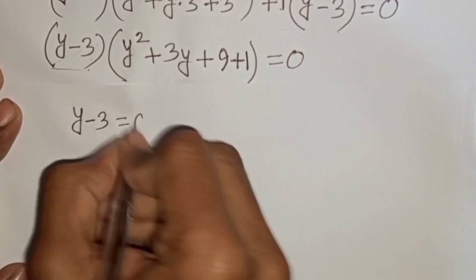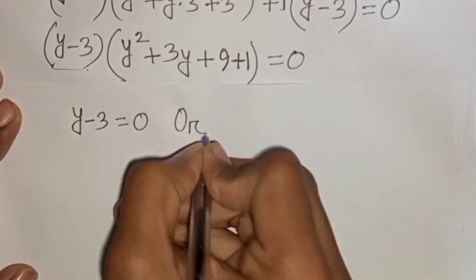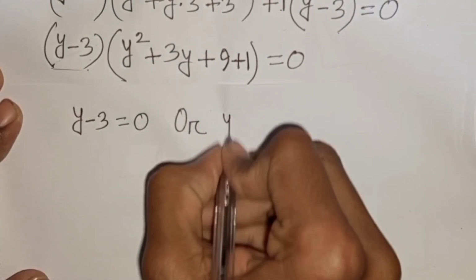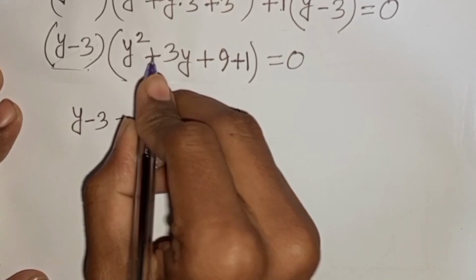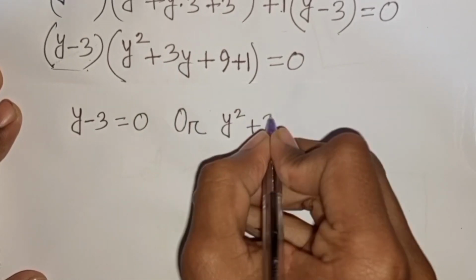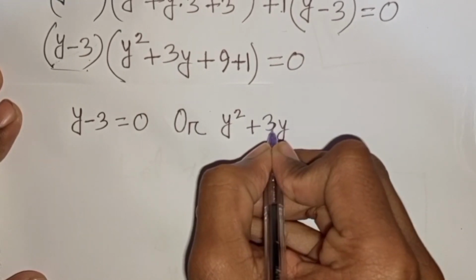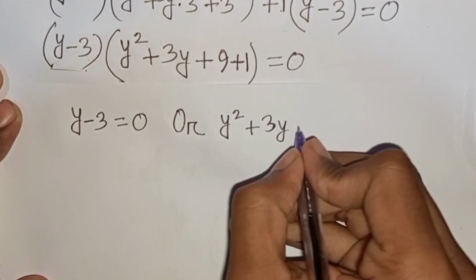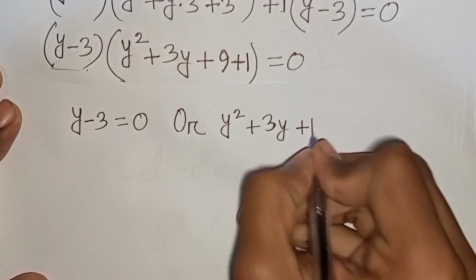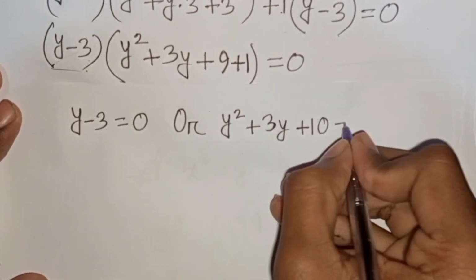or y square plus 3y, then plus 9 plus 1, that means it will be plus 10, then is equal to 0.